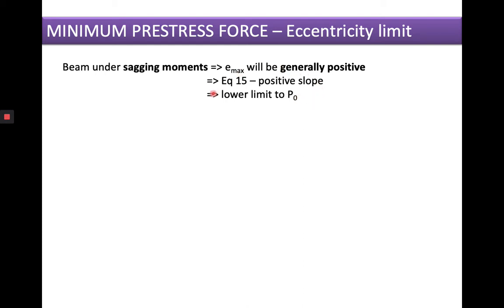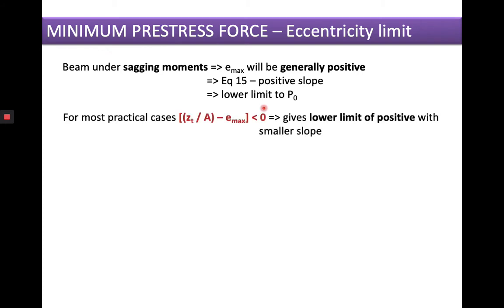Based on equation 15, we can see that we are going to have a linear line with a positive slope, with lower limit to P naught. For most practical cases, where we have ZT over A minus E maximum, which is less than 0, it gives a lower limit of positive with smaller slope.